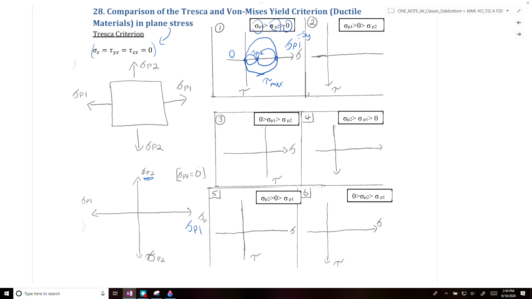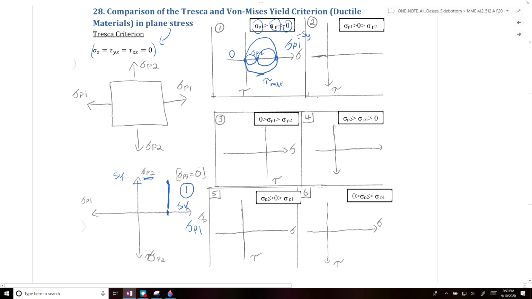So if we look at our graph here, we can draw on our x-axis the value of sigma p1 at our yield strength, and if sigma p2 is positive or greater than 0, it doesn't really matter unless sigma p2 would also get to the yield strength point here. So we're going to just draw a vertical line that would represent case number 1.